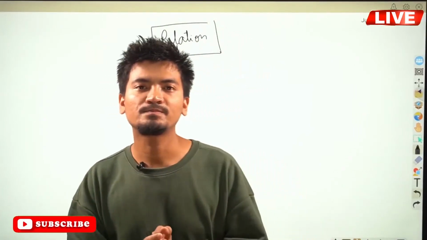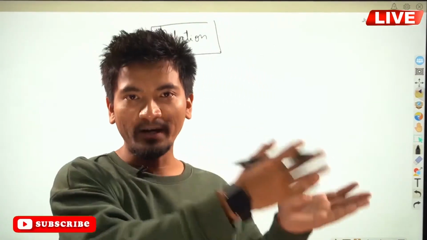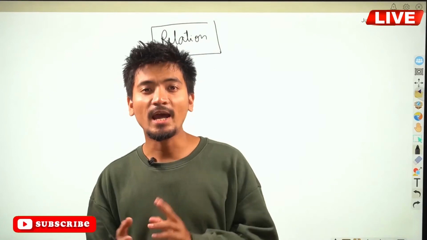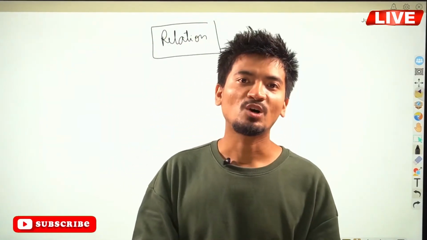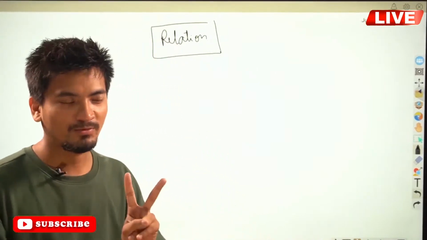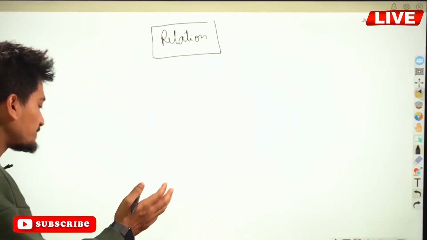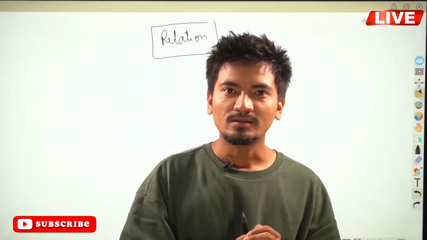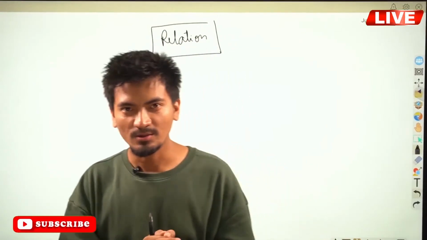Parents relation, siblings relation, grandparent relation. So those are some kinds of relation. And for a relation, always two are involved. So there should be two identities. Between two identities, you can show a relation always.